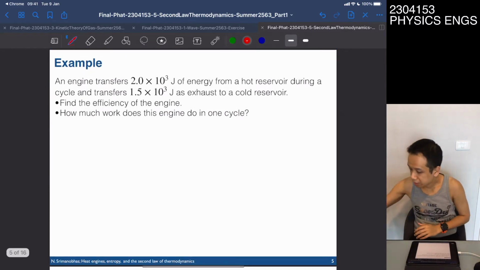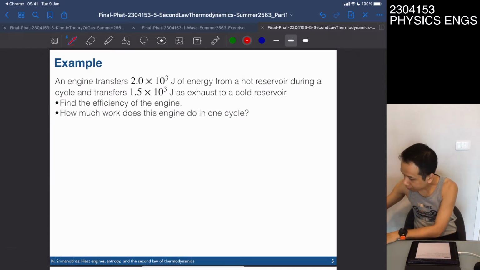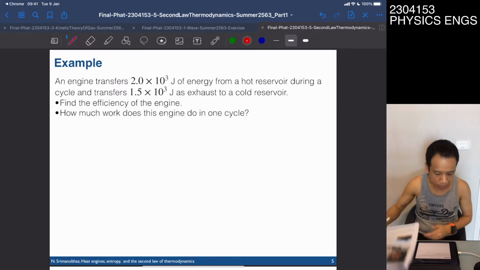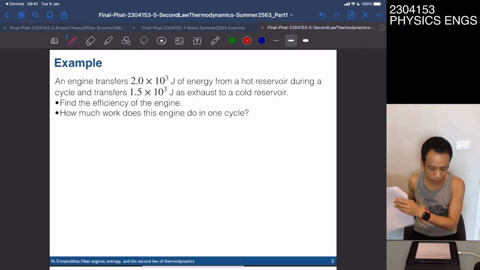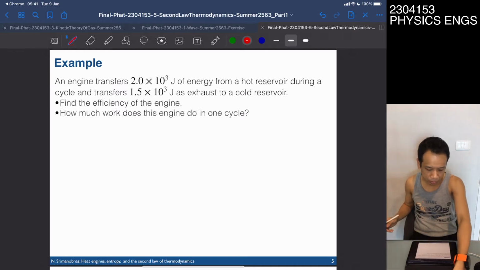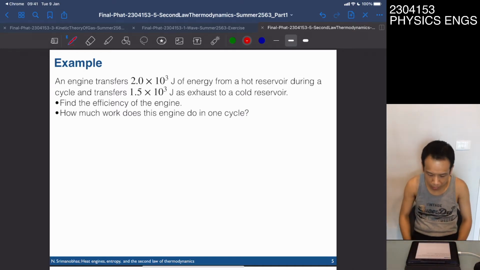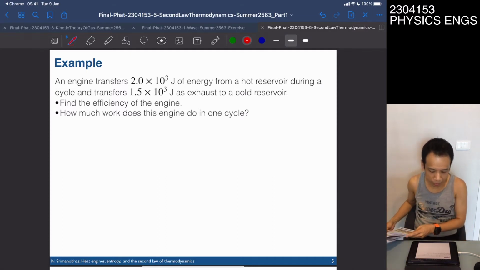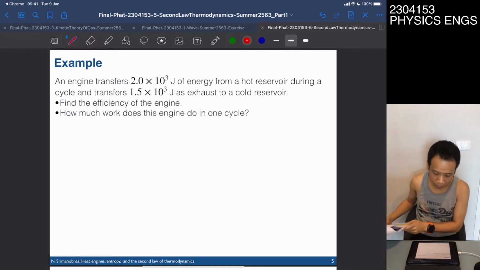Okay, let's start with the example. You have an engine which transfers about 2 kilojoules of energy from the hot reservoir during a cycle, and then transfers about 1.5 kilojoules to the cold reservoir.